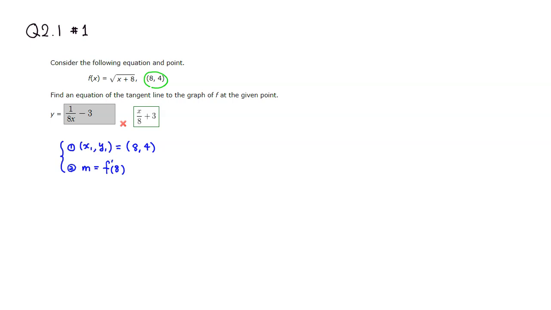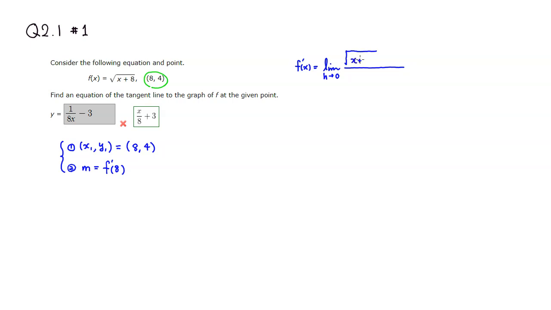Using the definition, f prime of x is equal to the limit as h approaches 0. And then we have f of x plus h, so we have square root of, every time we see x, we put x plus h.